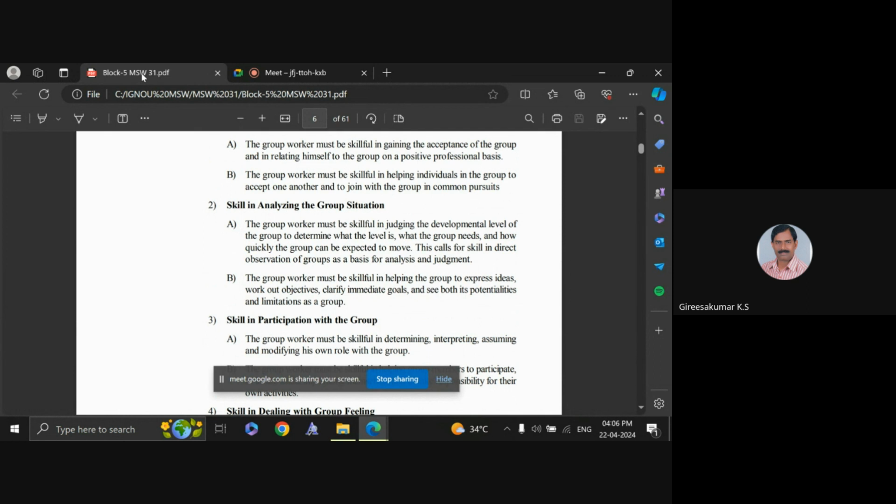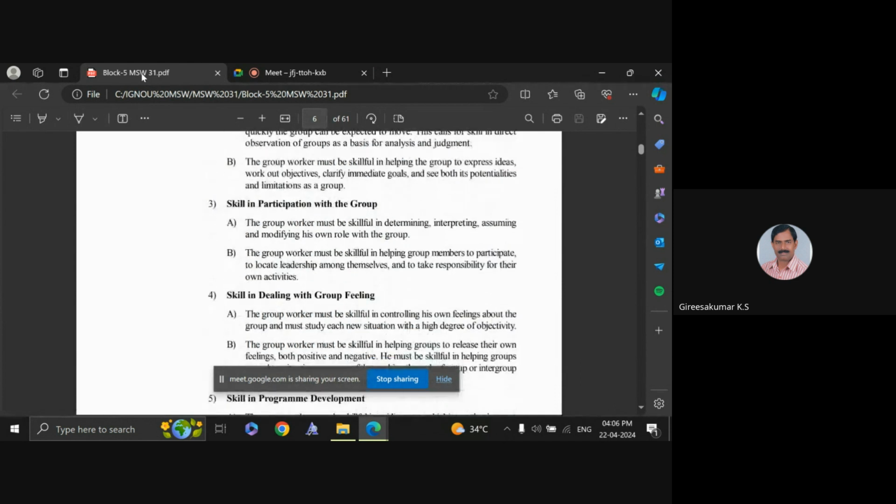That is, she or he must understand the needs. For that, the group has to be analyzed very well. Then skill in participating with the group.